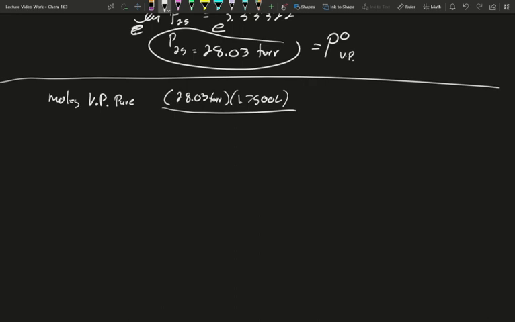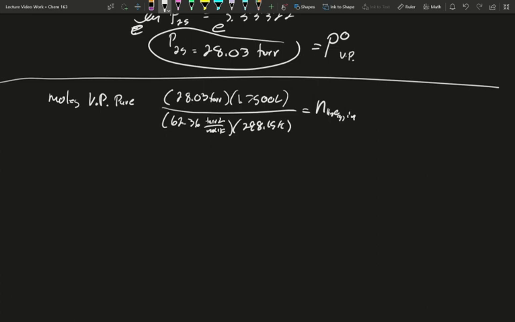28.03 of it was from water. It was spread out in that same volume, so I can find out how many moles of water was in the original gas space. Again, R value 62.36 torr liter per mole Kelvin, 298.15 Kelvin. All this will equal the moles of H2O gas initially.